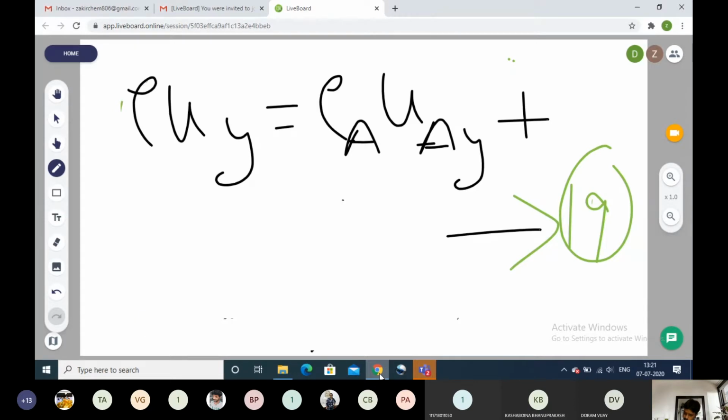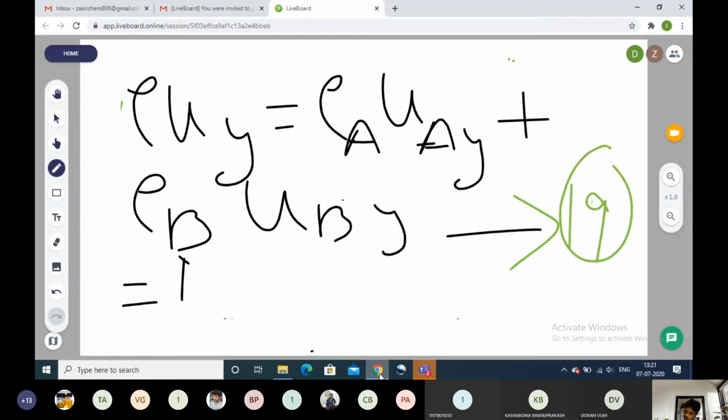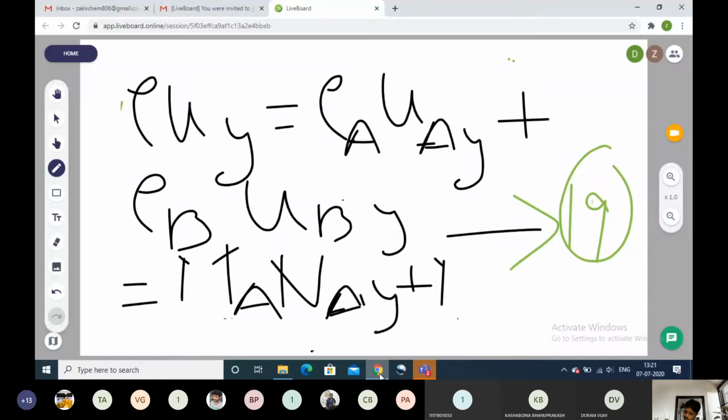So here rho B is there, rho B into UBy. This whole term is equal to MA into NAy, since this is the Y component of flux we are writing, and which is also equal to plus MB into NBy. Okay, this is equation 19.